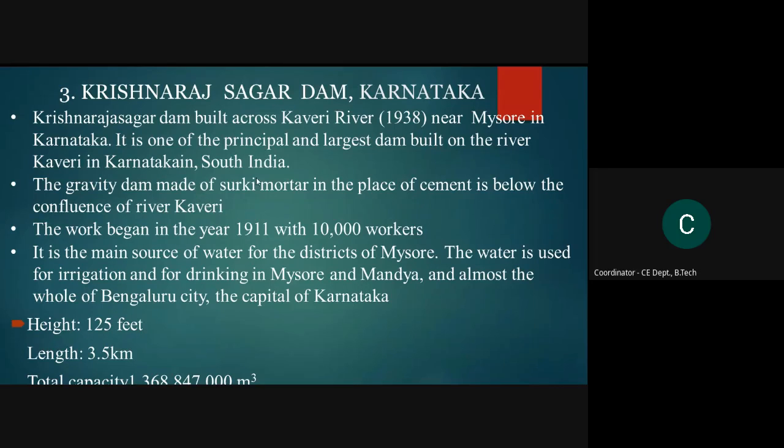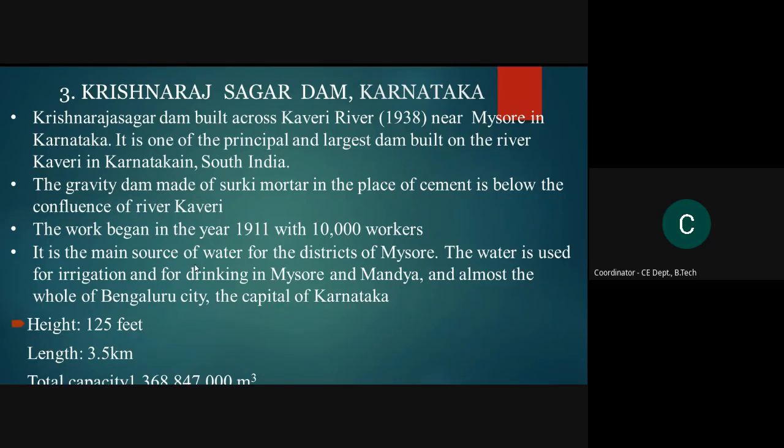Actually, this dam was constructed by Krishna Raja. This Raja, this emperor, used to rule over that particular state. So, in tribute to his name, this dam was constructed near the Kaveri River.